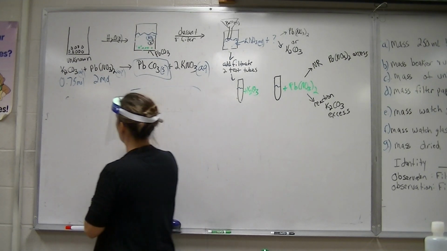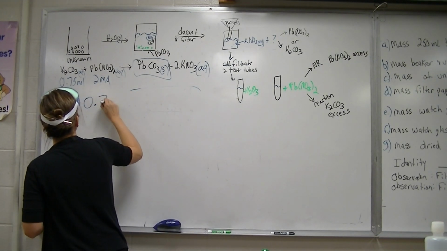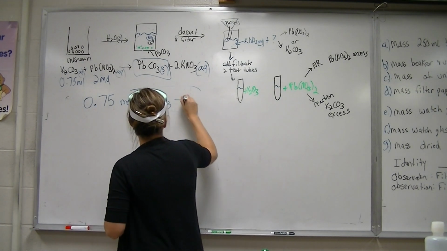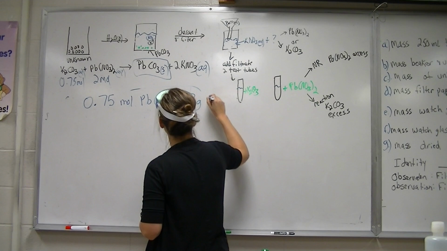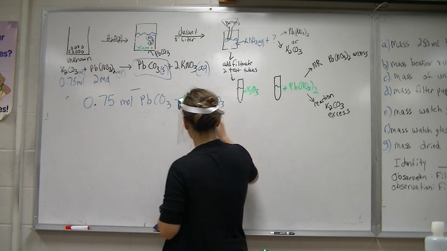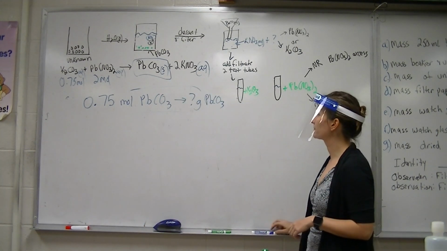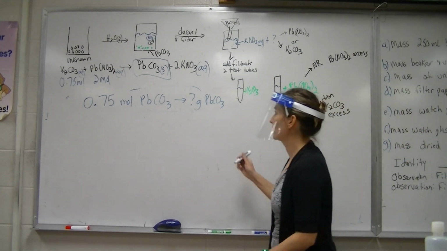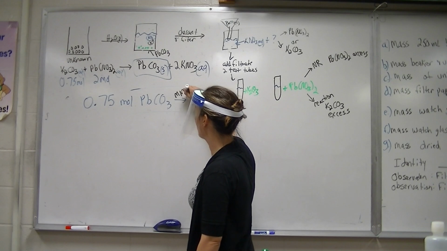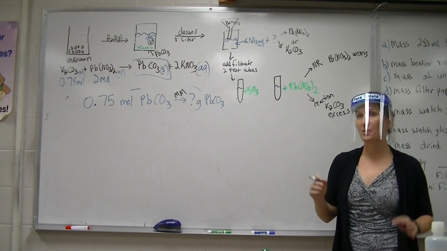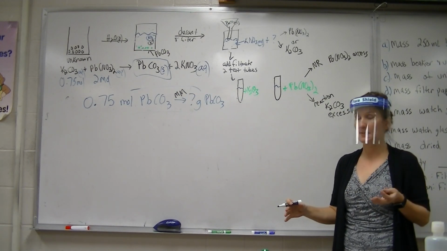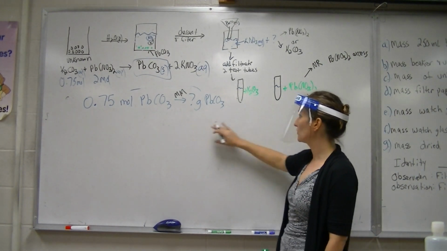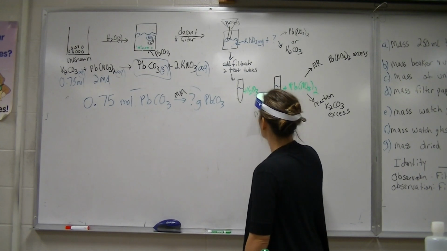We have 0.75 moles of lead carbonate, and they're asking us to solve how many grams that is. So, moles to grams, in order to solve, you need the molar mass. Whenever we go between moles and grams, you need molar mass. So we have to figure out the molar mass of that guy. I'm going to do that off to the side here.